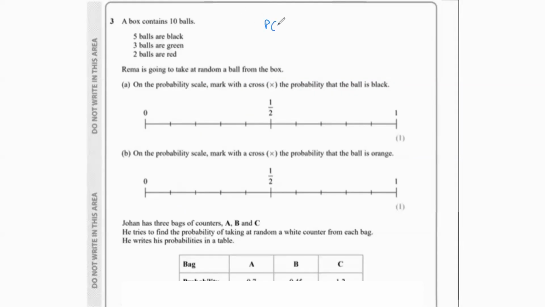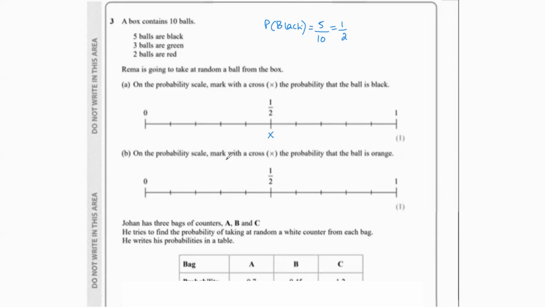So the probability of it being a black ball is going to be 5, which is the number of black balls, divided by the total number of balls, which is 10. So 5 over 10 is the same as 1 over 2, which means this is where your probability of the ball being black is going to be.